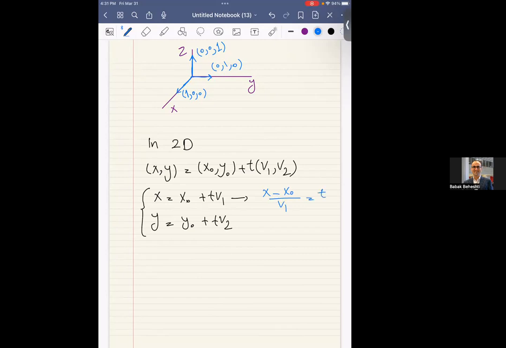From the second equation, (y minus y0) divided by v2 is also equal to t. Because both are equal to t, you can equate them. So (x minus x0) over v1 is equal to (y minus y0) divided by v2. That means y minus y0 is equal to v2 over v1 times (x minus x0).